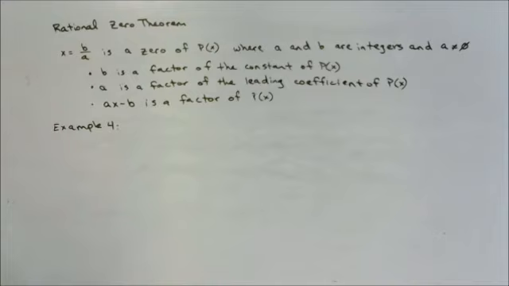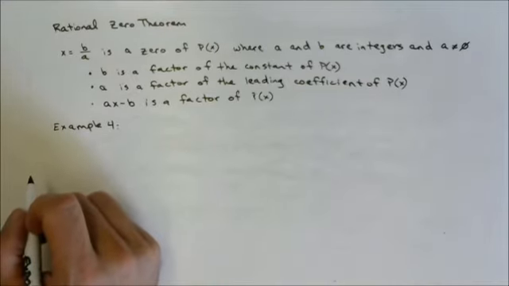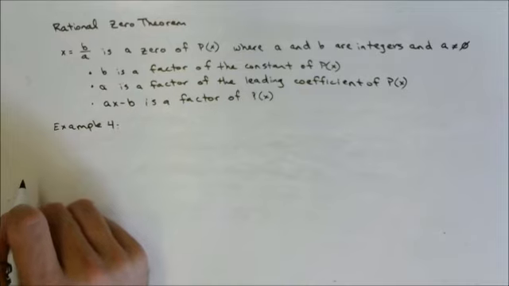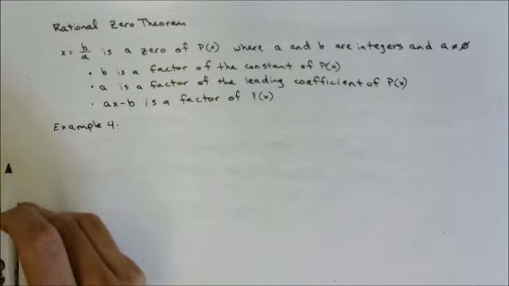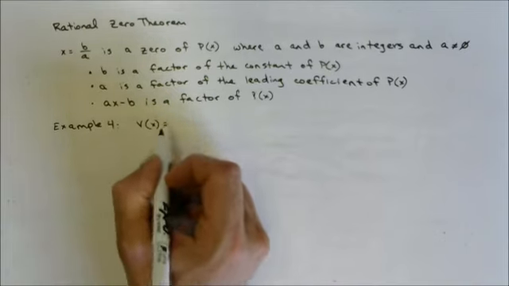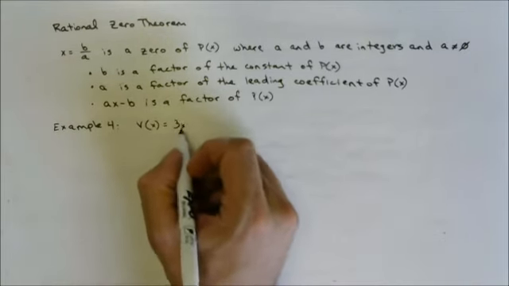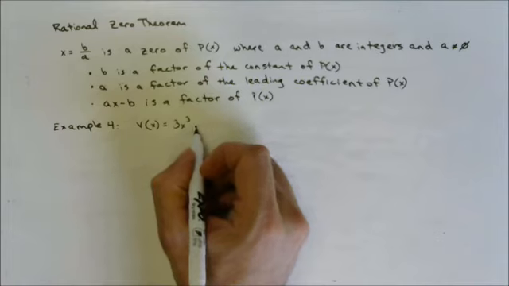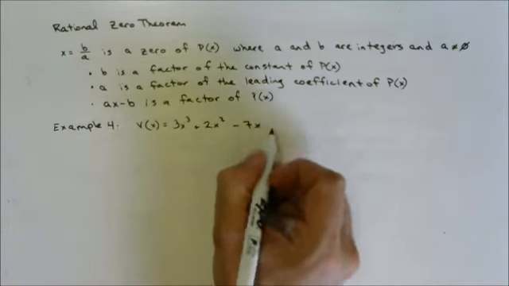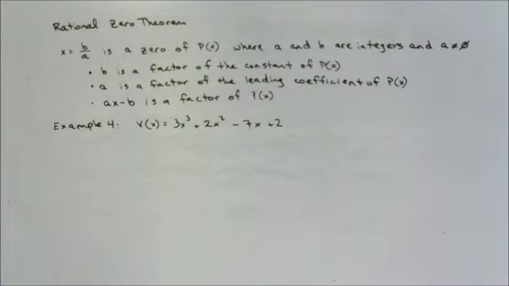Example 4: we're given that the forms used to make large rectangular blocks of ice come in different dimensions, such that the volume V can be modeled by V of x equals 3x cubed plus 2x squared minus 7x plus 2.